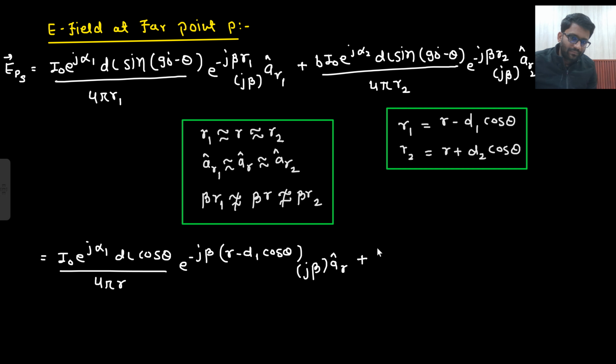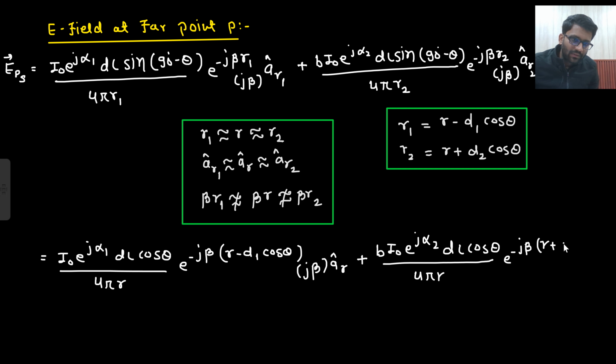Plus B I naught e to the power j alpha 2 I naught dl cos theta divided by 4 pi r e to the power minus j beta r plus d2 cos theta into j beta AR cap.